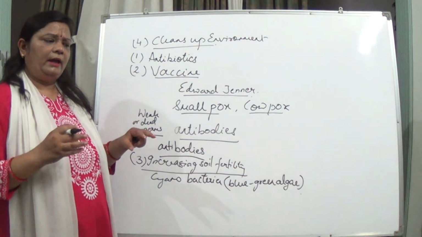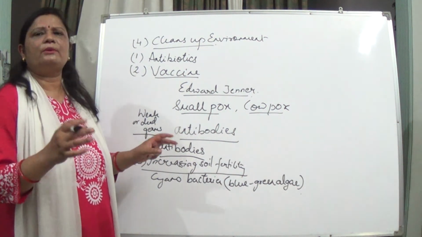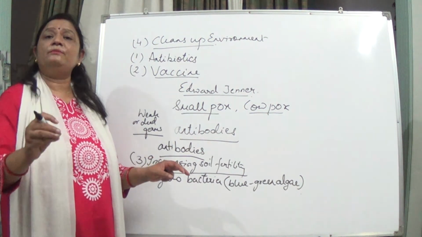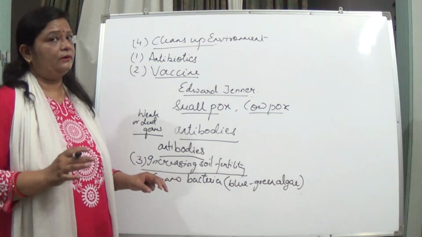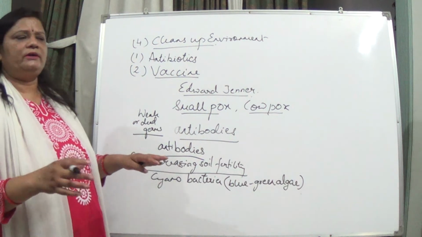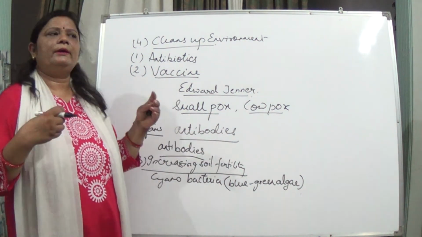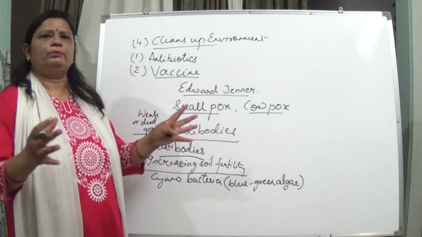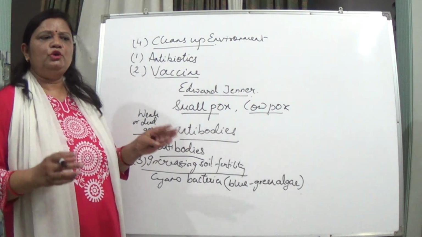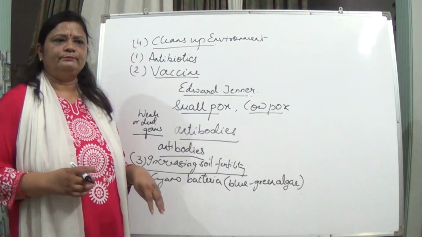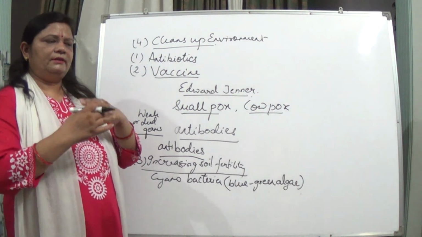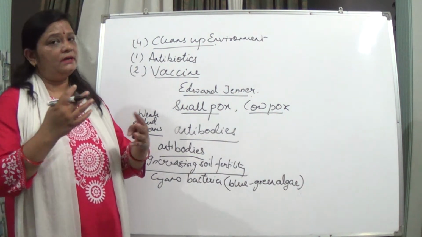Suppose you have thrown out biodegradable things which can be decomposed by microorganisms, like food, paper. When you throw this garbage, you will see after some time that if you have thrown chapati, does it remain chapati?